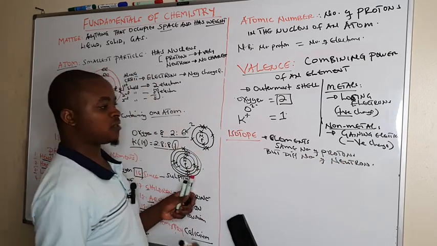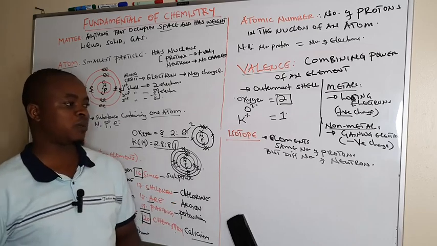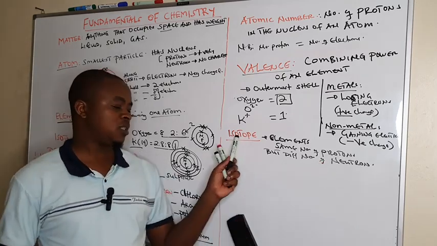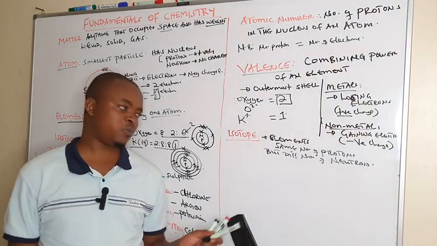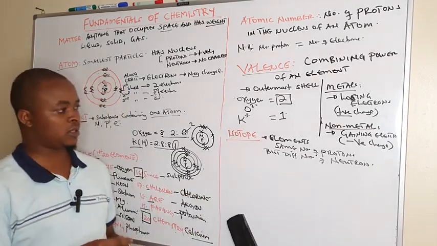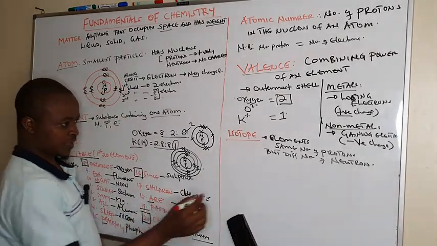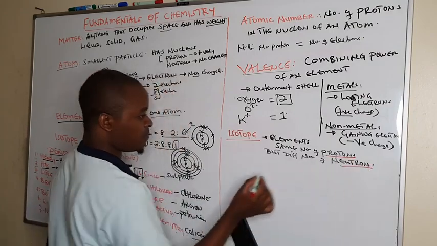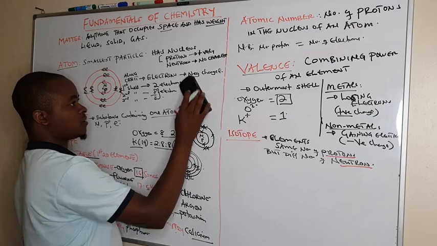So elements with the same number of protons but different number of neutrons is what we refer to as an isotope, and they are chemically different. That is what we call an isotope. Same number of protons but different number of neutrons.